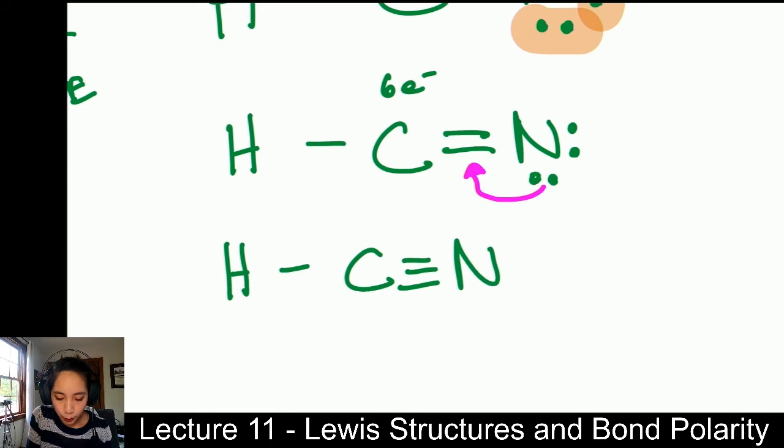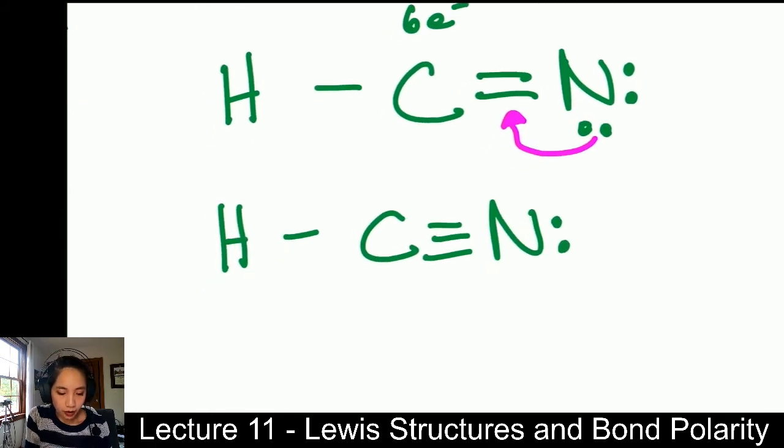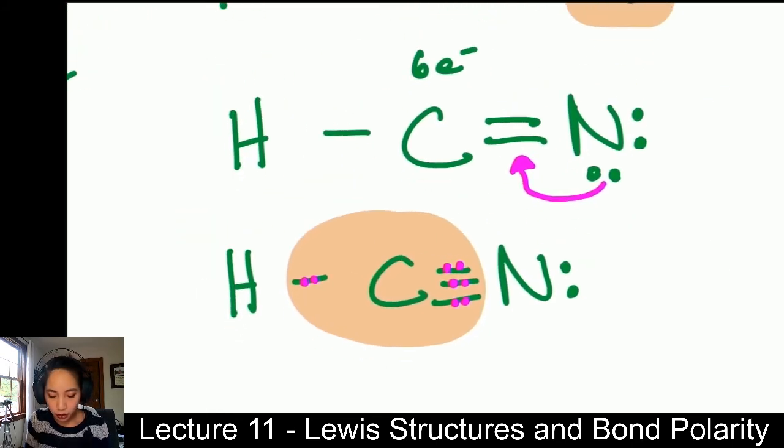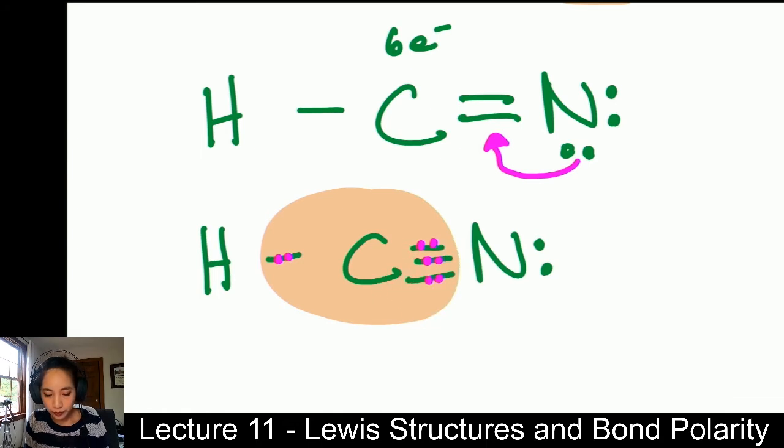So I did it in multiple steps. Now remember each of these bonds has 2 electrons on it. If we look at carbon now, there are 8 electrons around carbon, our central atom. So carbon has a fulfilled octet now.